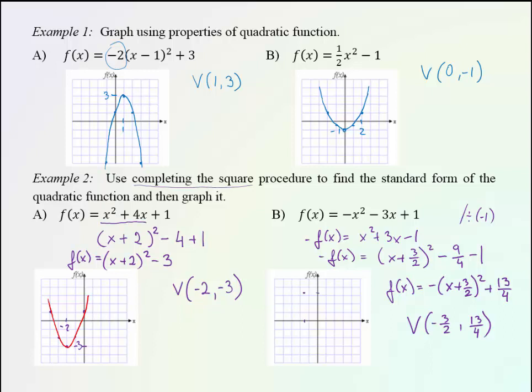Okay, the leading coefficient is -1. So we know that the graph will go downwards, and the shape of it is just about the same as the standard shape of a parabola. So 1 across 1 down, and 2 across 4 down. 1, 2, 3, 4, approximately here.